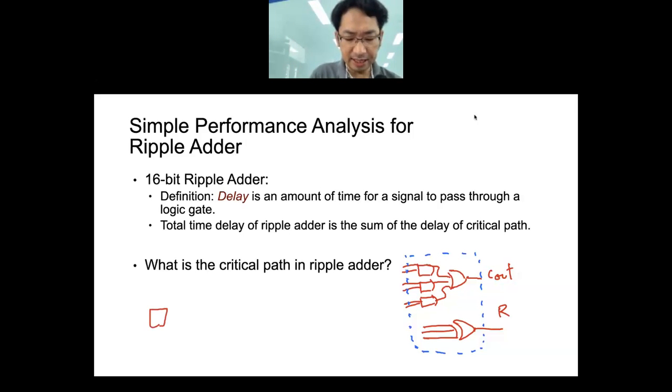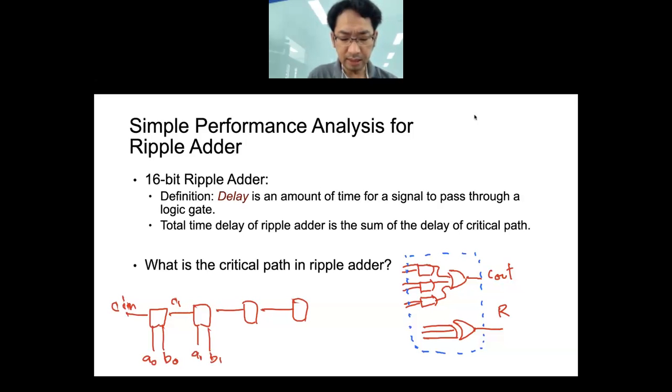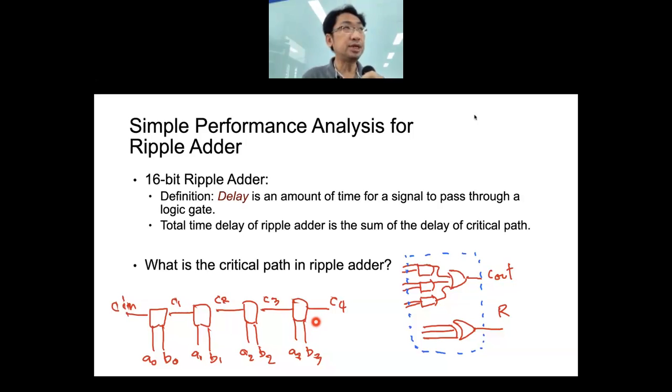Let's say we have something like this: we have a Cin, we have A0, B0, and here is C1, and this is A1, B1, this is C2, A2, B2, this is C3, A3, B3, and here is C4, in case we have 4 bits. But if we're using the 16-bit adder, this series will continue until C16.